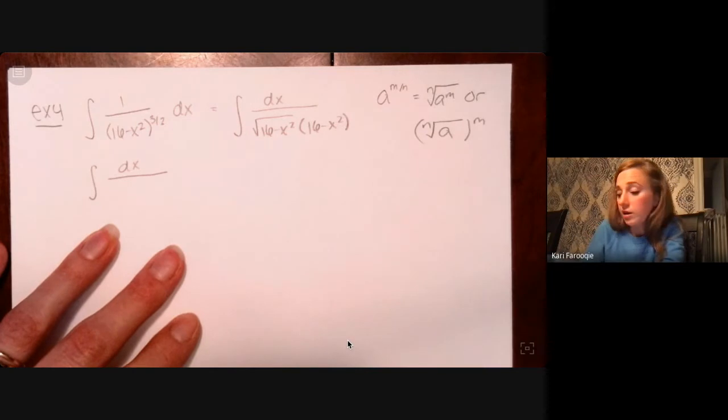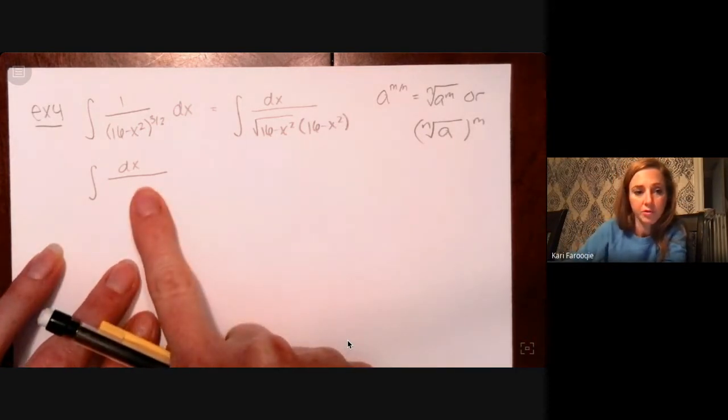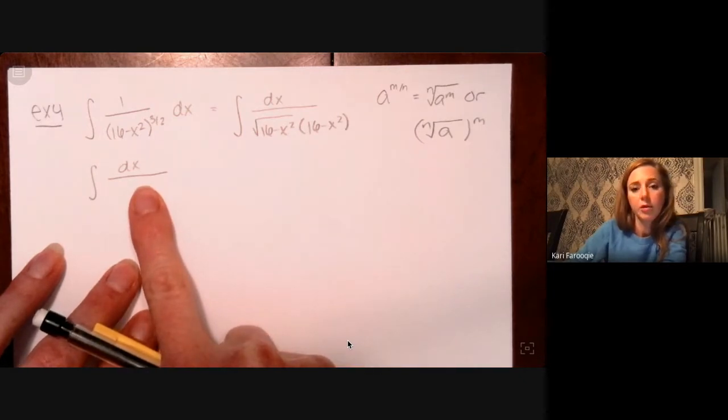And you might find that this is a more helpful way of writing this expression. So instead of saying it's 16 minus x squared to the 3/2, you can write the whole thing as a radical and then cube it.